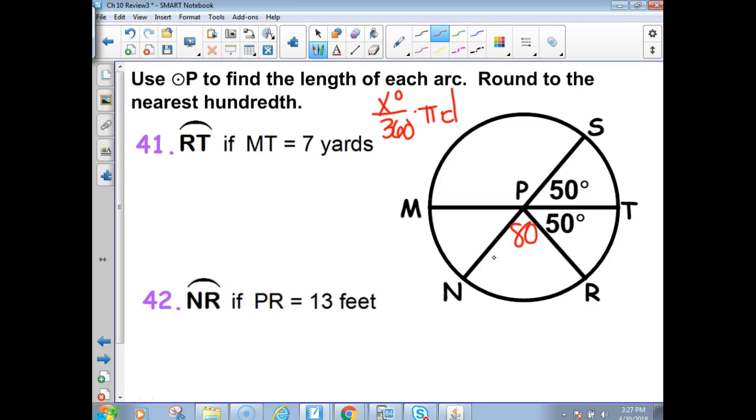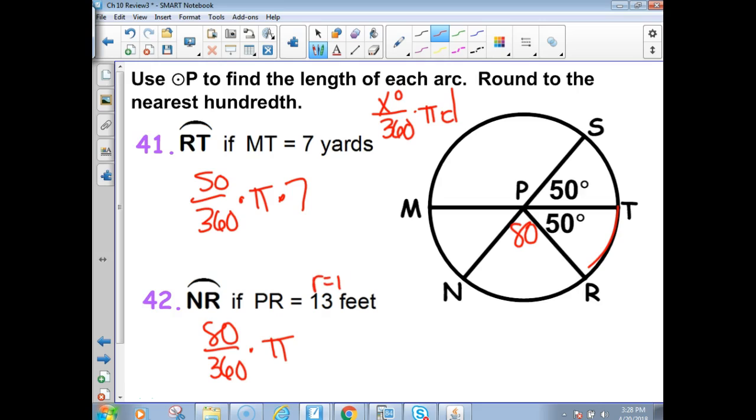Okay, so then if you wanted to do RT, that would be 50 out of 360 times pi. And MT is a diameter, so times 7. This one, if you're doing NR, it's going to be 80 out of 360 times pi. And then you got to check if PR is a diameter. It's not. Since PR is a radius, you would need to plug in 26 for the diameter.